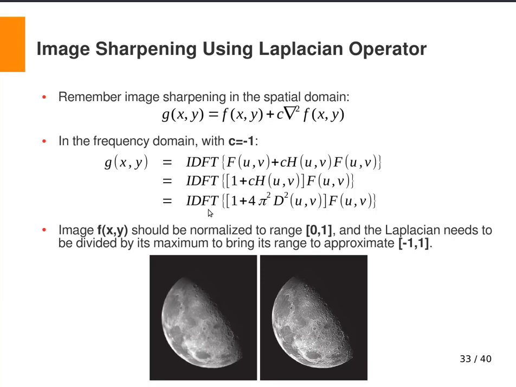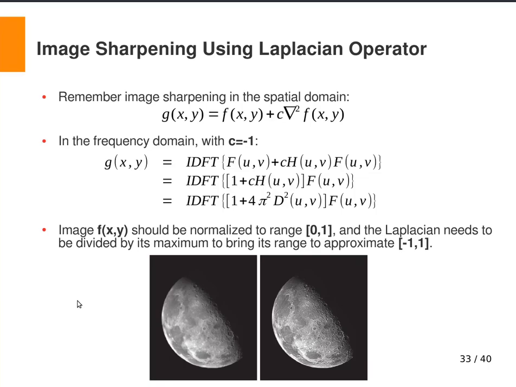The inverse discrete Fourier transform of 1 plus 4 pi squared d squared, all element-wise multiplied by the Fourier transform of the image. So to avoid any scaling in the images, it's recommended to normalize the original image to the range 0 to 1. So if your image is 8-bit, its intensity values range from 0 to 255.